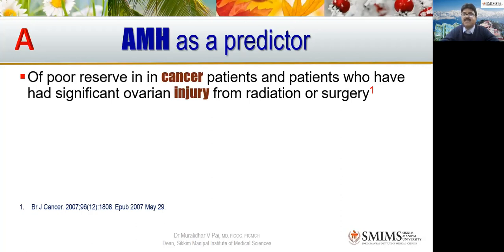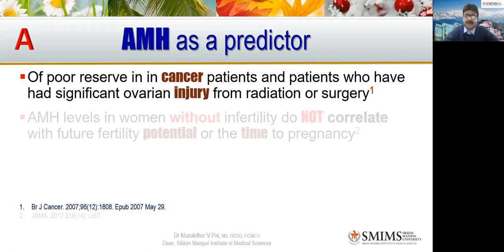You estimate the AMH after a couple of months, it will be very low. You don't have to go for chemotherapy or radiotherapy. So be careful while doing laparoscopic surgery for endometriosis. You don't have to be very aggressive. You don't have to nicely coagulate and things like that.